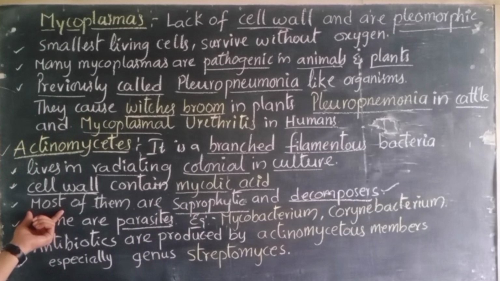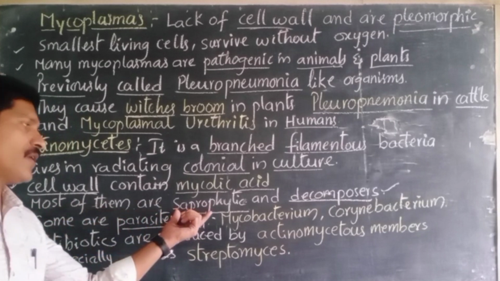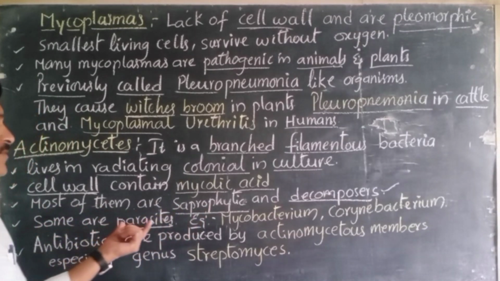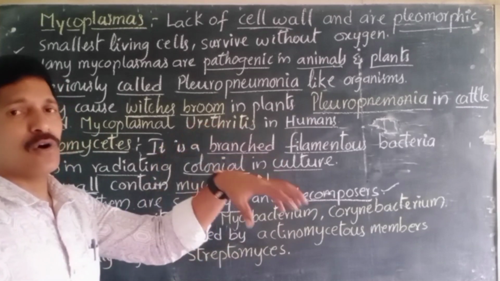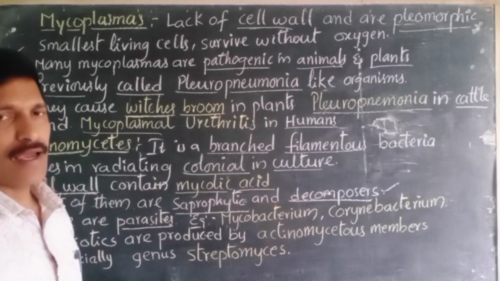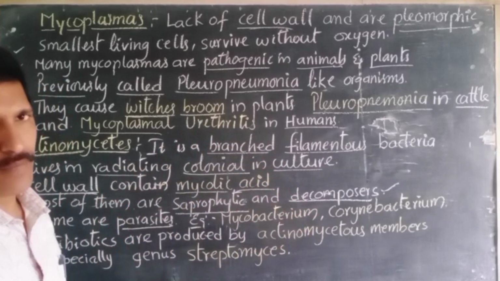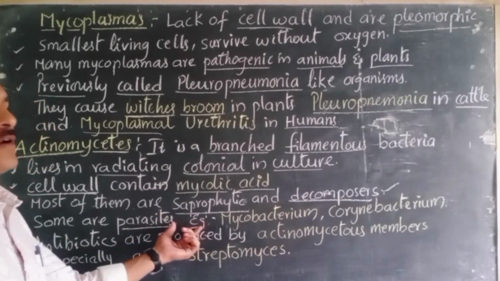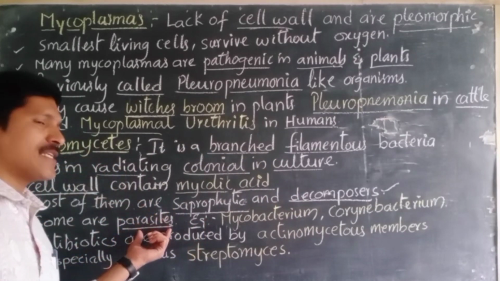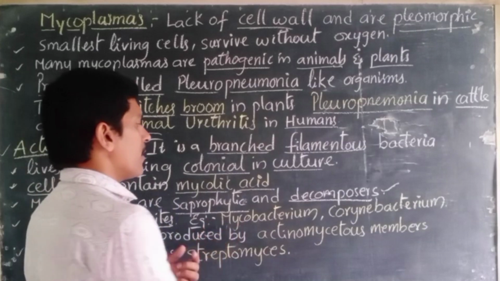Most of the actinomycetes are saprophytic, and very few organisms are parasitic. Parasitic means organisms which live in the host cell, in other organisms, and obtain food and shelter from the host organisms. That's called parasites.